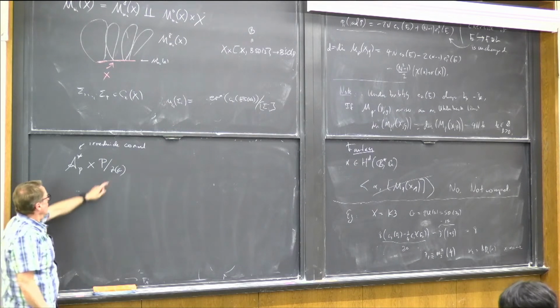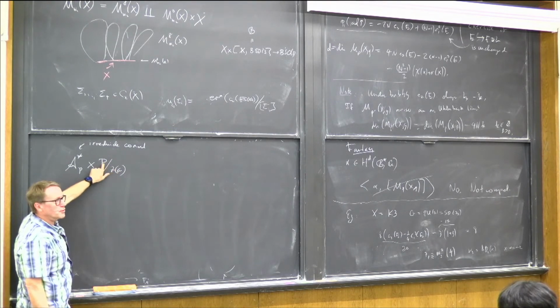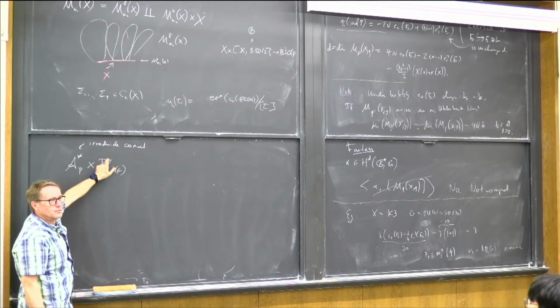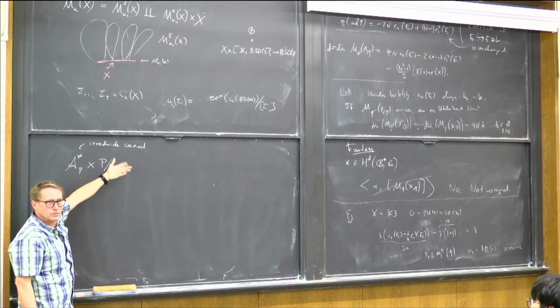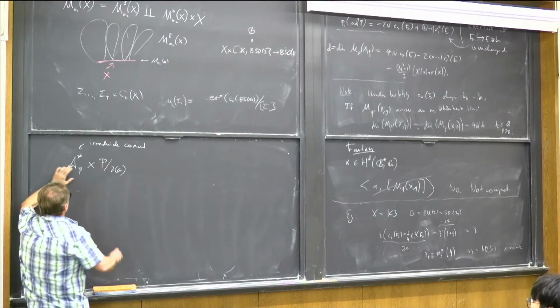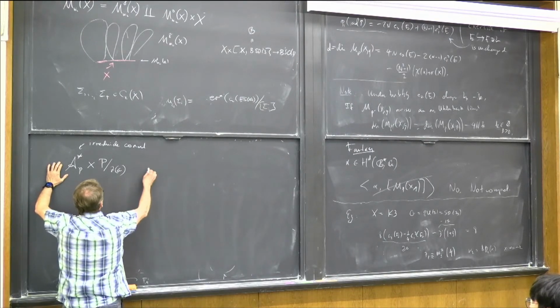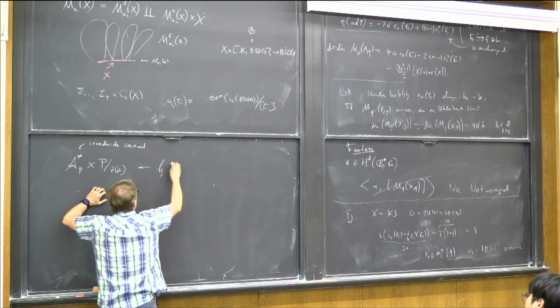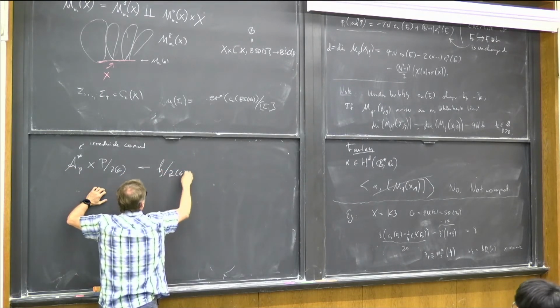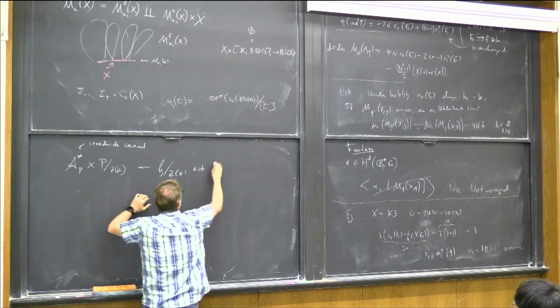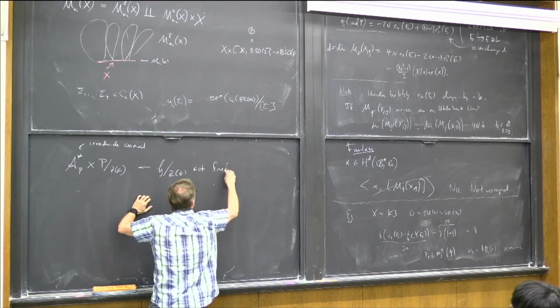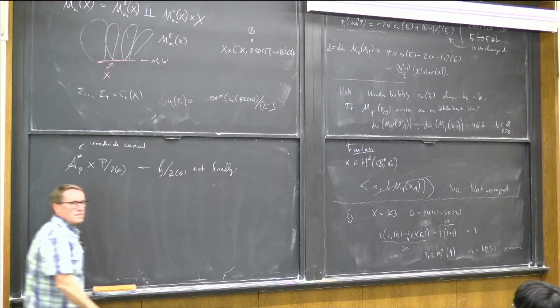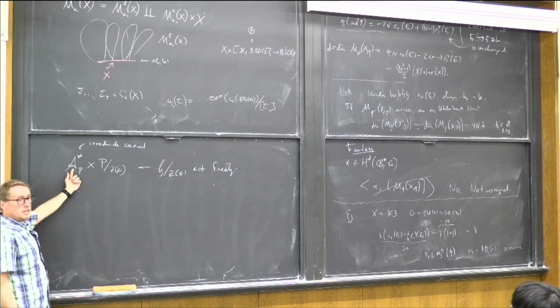Okay, I can do that. That's still a principal bundle. Now the structure group becomes the adjoint group, right? And on this space, the gauge transformations mod the center of the group act freely. Right, because it acts freely here.